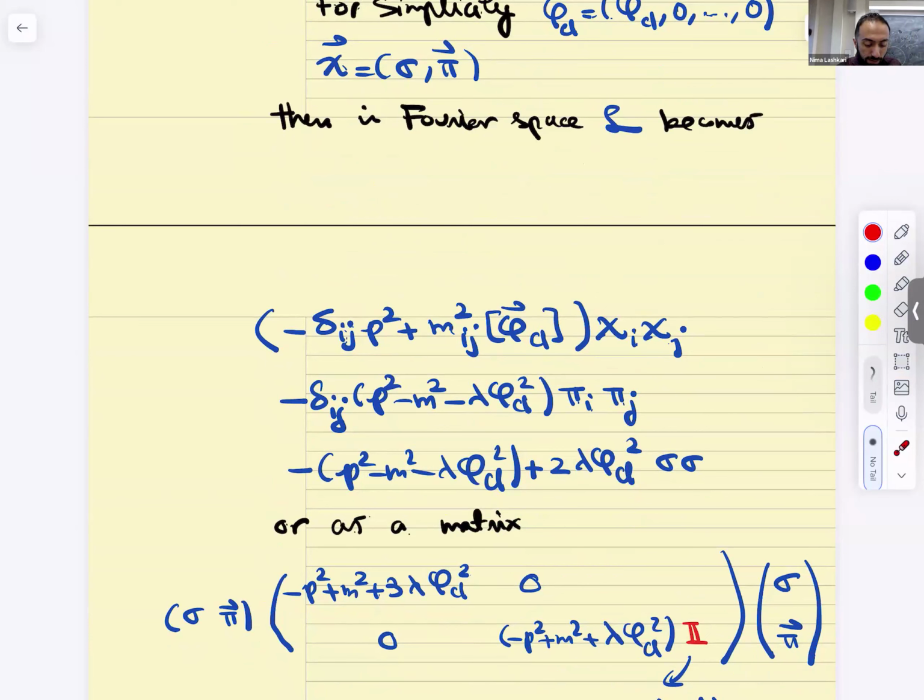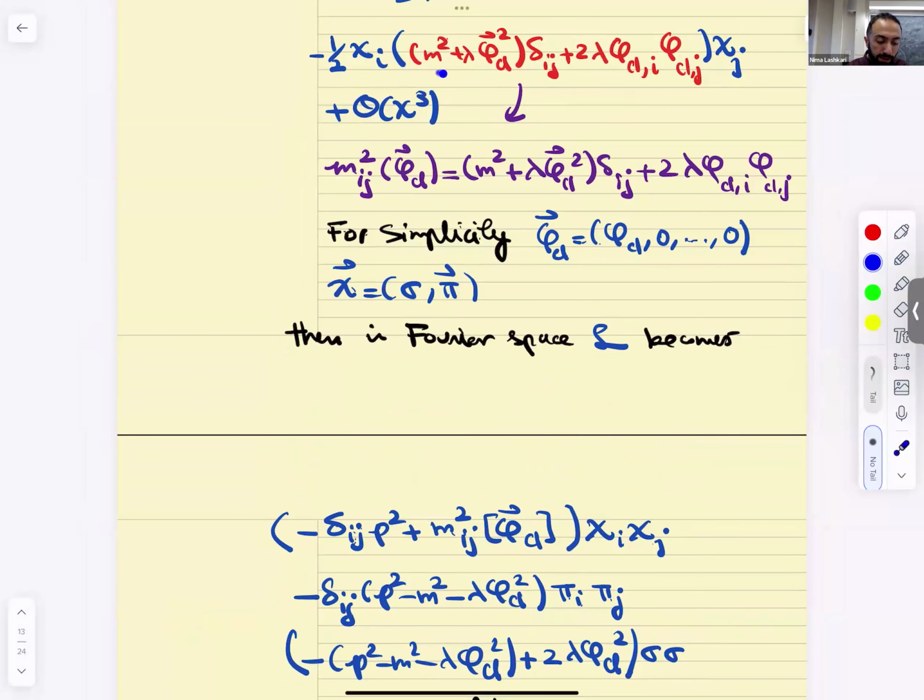So the pi guys only pick up this term. This 2 lambda phi squared contributes to chi.